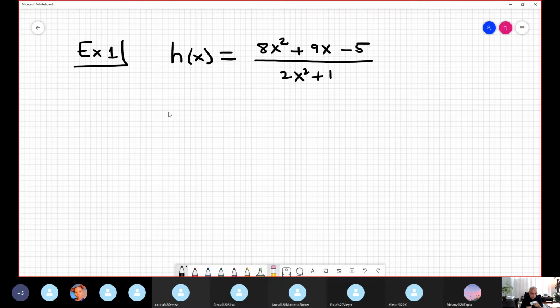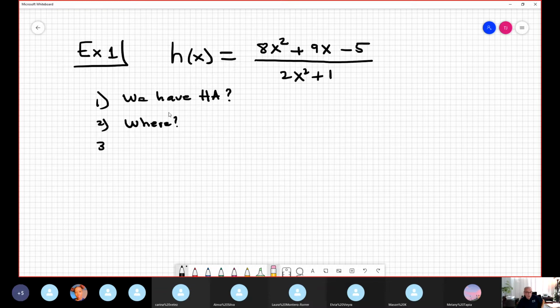I want to determine if the graph has or not the horizontal asymptote. The question number 1 is, do we have or not a horizontal asymptote. The second is where, in the case that we have yes.